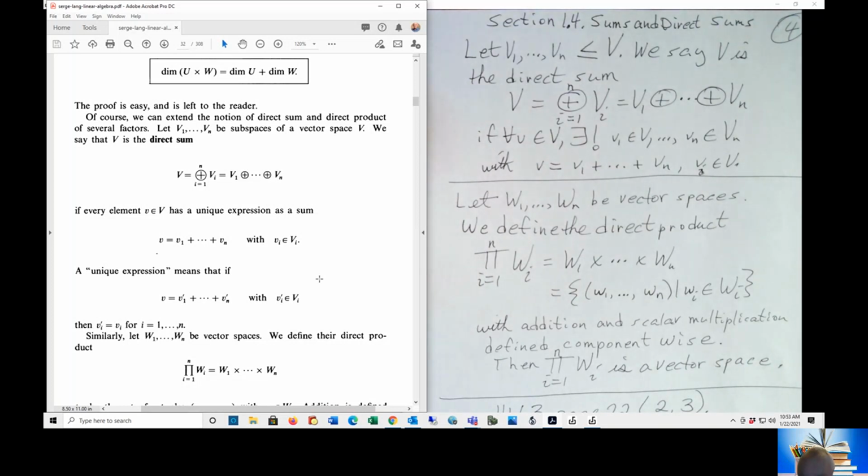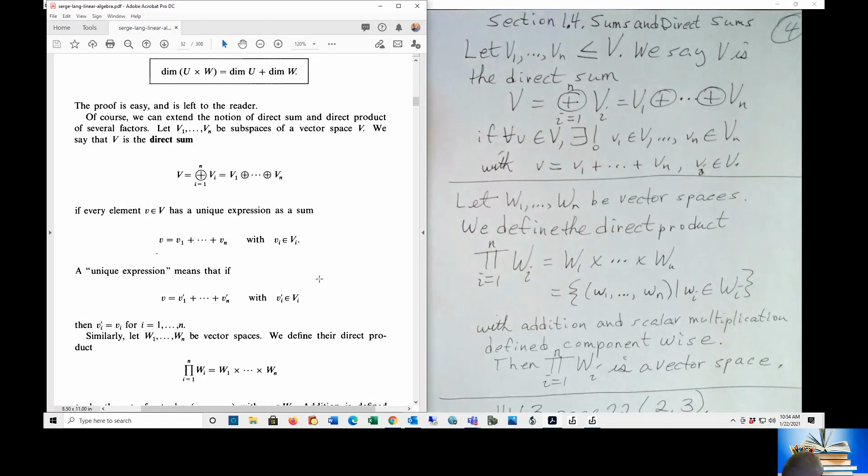Pi, i goes from 1 to n, Wi is, by definition, the direct product W1 with W2, dot, dot, dot, to Wn, and it's just the set of ordered n-tuples (w1, w2, dot, dot, dot, wn), where wi is an element of capital Wi.